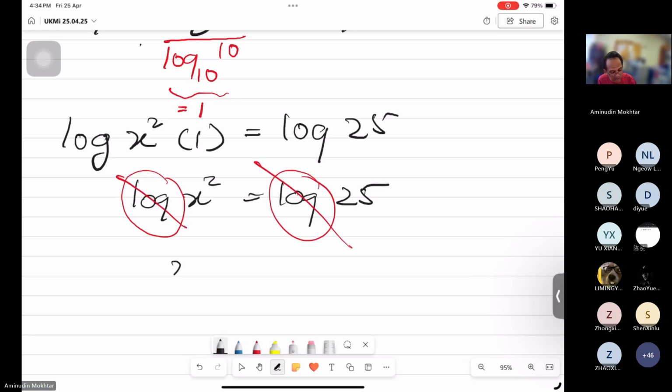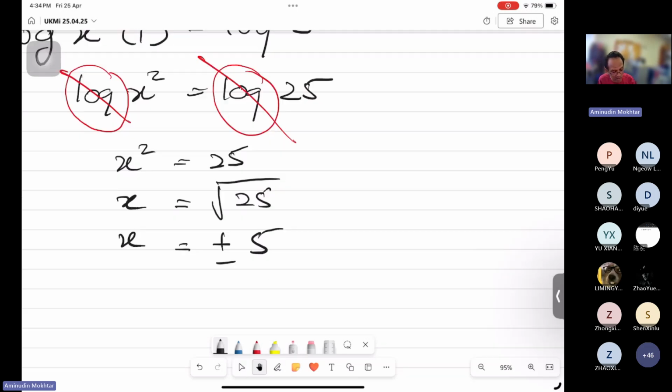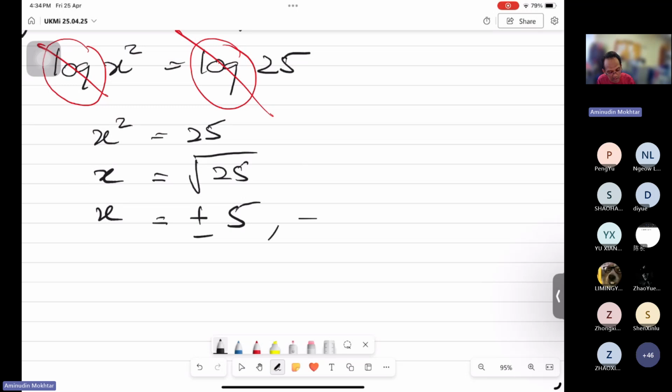So x squared equal to 25. The answer: x equal to plus or minus 5. There are two values here, negative 5 and positive 5. So that is the answer for this equation.